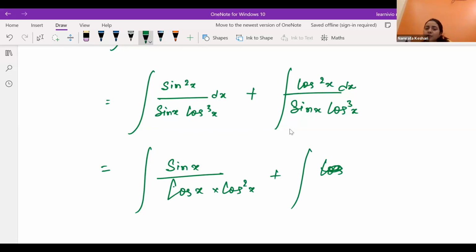So we are just having cos by sine, that is cot. Yes or no? Yes. Basically we are, wait, we are not having this one also. In this cos square, cos cube gone. In denominator only we are left with sine and cos. Right?